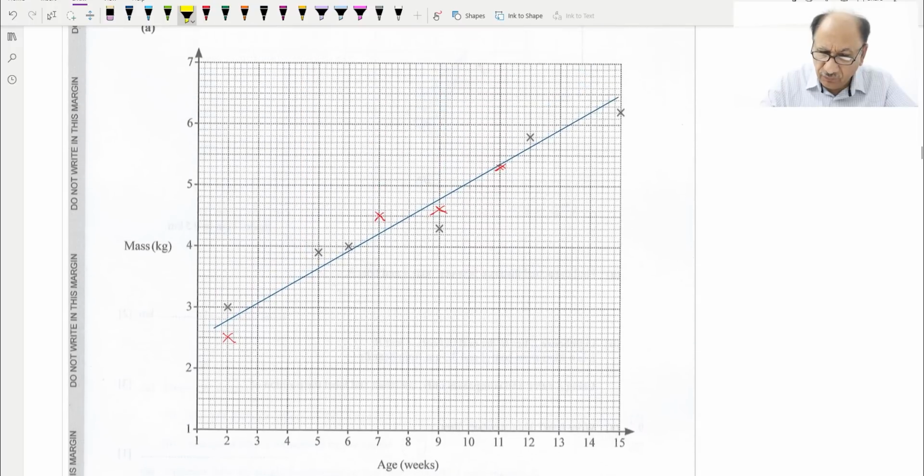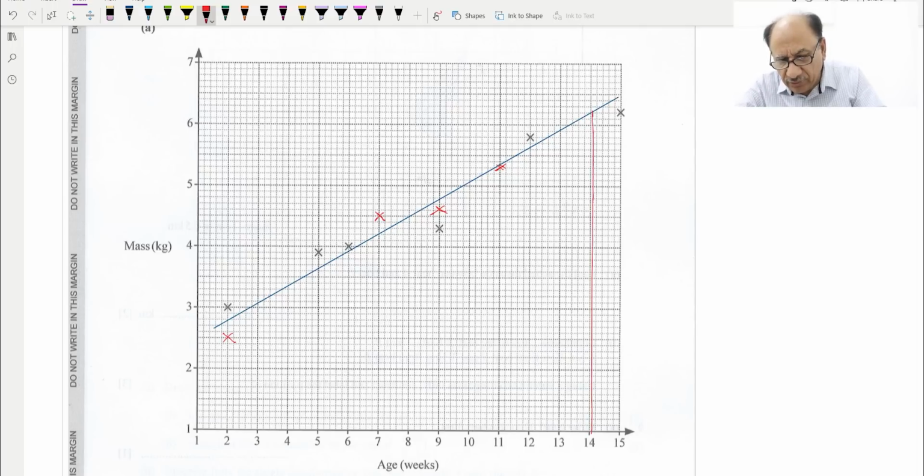For the 14-week-old baby, we will be taking the reference from the 14-week side. If I take the reference from here, I'm just thickening the line so that you can distinguish.